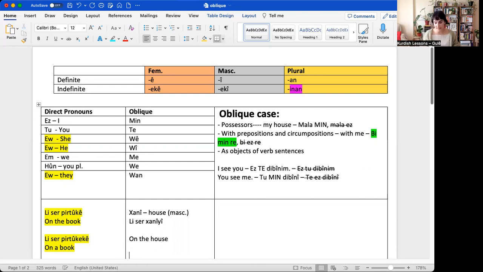If it is indefinite, li ser xanîyekî. Li ser xanîyekî çûkek heye. Like that is a verb, on a house, any house. Okay, we don't know which house, but on a house there is a bird. So it's indefinite.